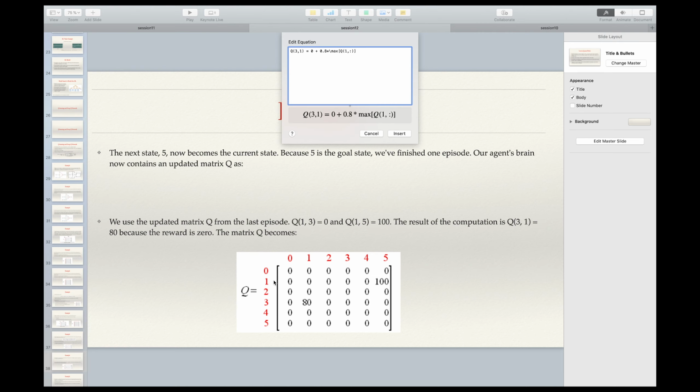Then from 1, that means we are now at room number 1, and the maximum possible value that we can get at room number 1 is equal to 100. So basically, that means what we have here is 0 plus 0.8 multiplied by 100, which would be equal to 80.